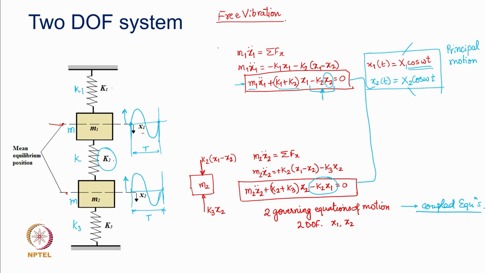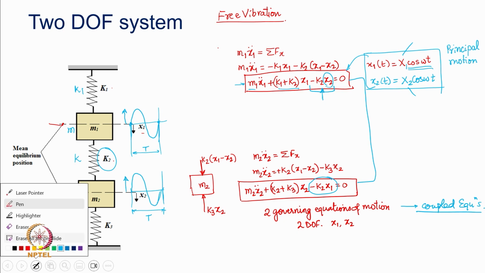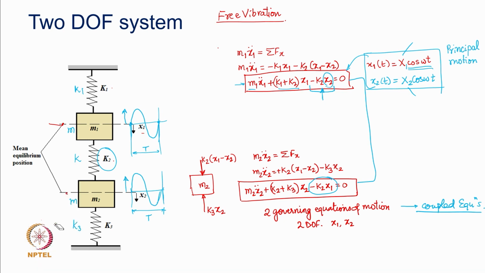Now, if this is the assumed solution, we would put it back into these equations. We would put these assumed solutions in the governing equation of motion and find out what we get. How will you do that? If you substitute these solutions in the governing equation, let me write it here itself.